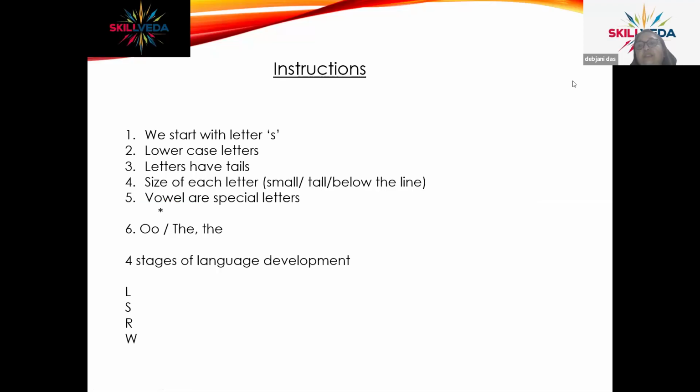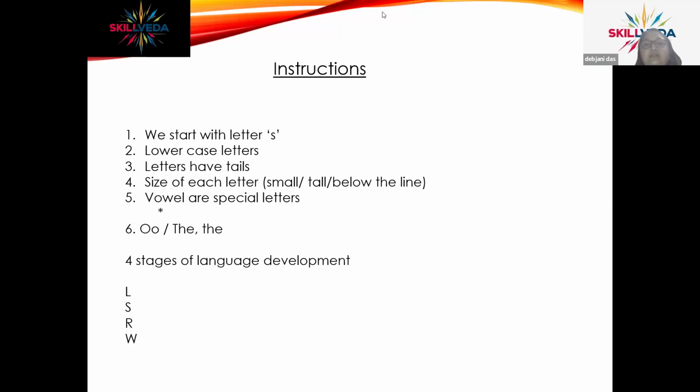Anyone from the new group, please unmute yourself and let me know. Here, L means listening, S means speaking, R means reading, and W means writing.